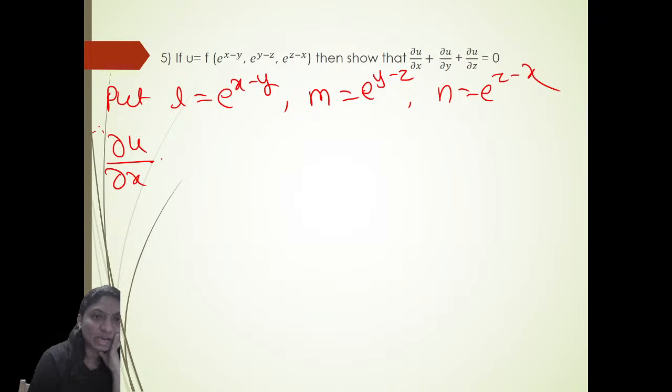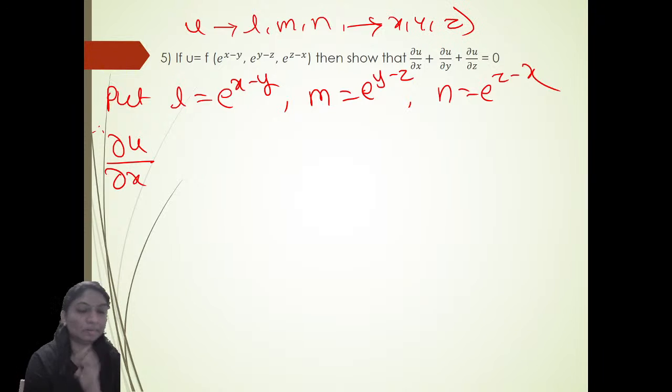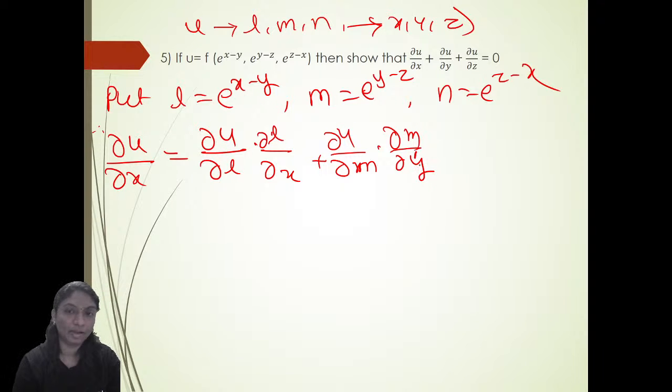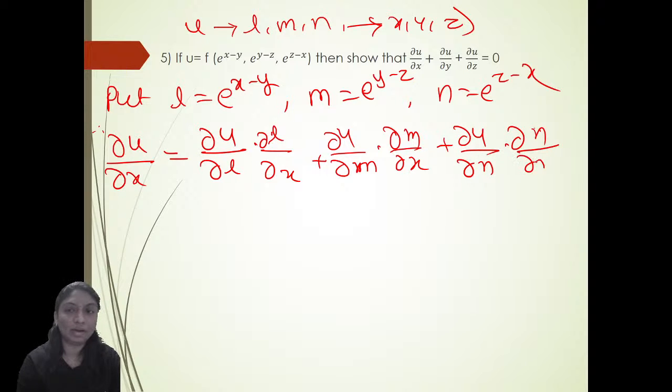So three variables here. So what will ∂u/∂x be? ∂u/∂L into ∂L/∂x plus ∂u/∂m into ∂m/∂y, sorry, ∂m/∂x, plus ∂u/∂n into ∂n/∂x.